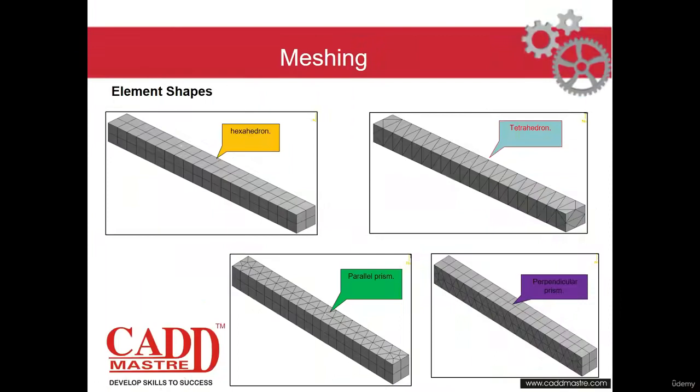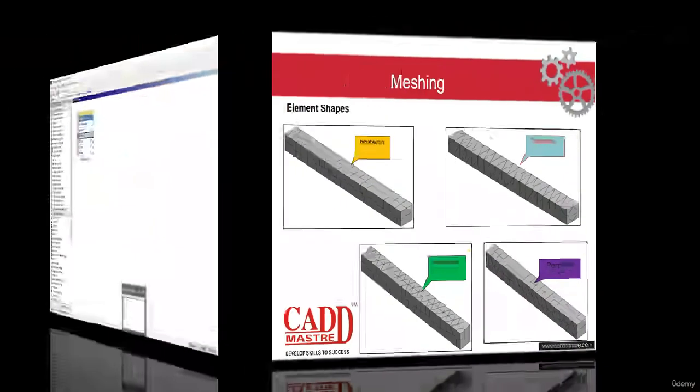So considering the geometry, shape and size, we get different element shapes. We can control the element shapes by using the local mesh control. Let us see how to work with the local mesh control and global mesh control in ANSYS.